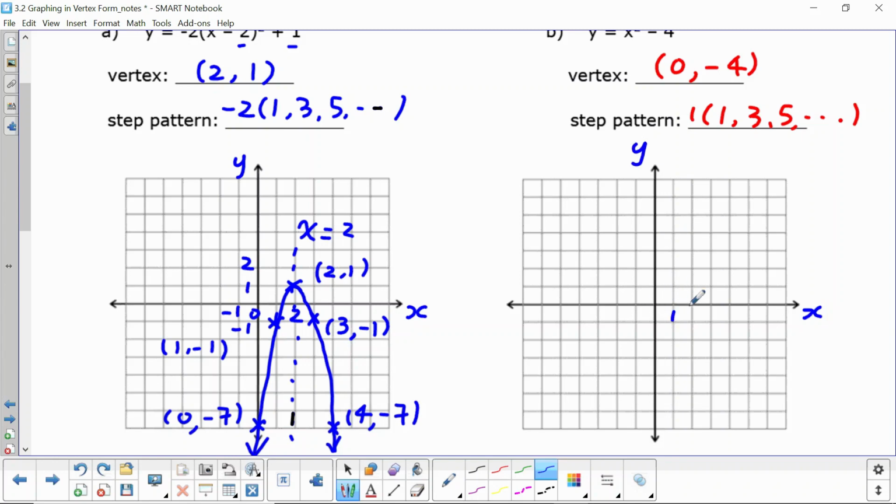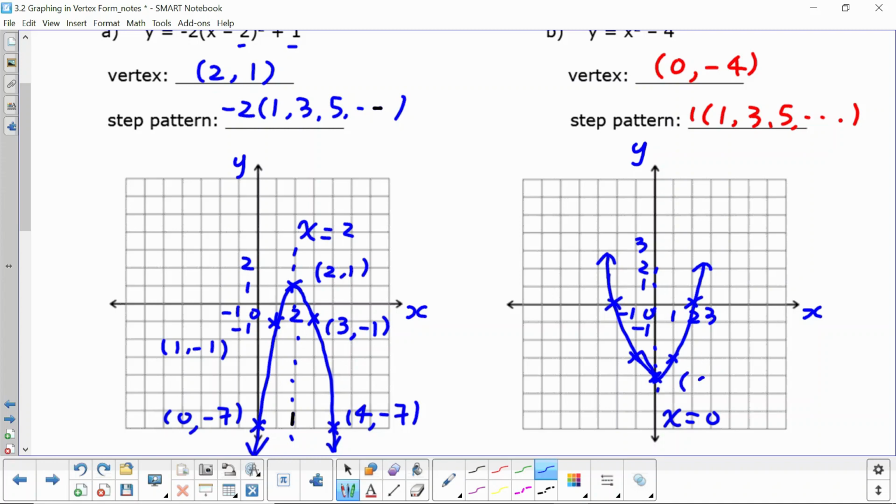And continue, we do this one, x, y, going by 1. (0, -4): 1, 2, 3, 4. Then right 1, up 1; right 1, up 3. The axis of symmetry will be x equals 0 here. Then we find the symmetric points, left 1 and left 2, so 3 points on the left. Connect the points together. Now it's done.